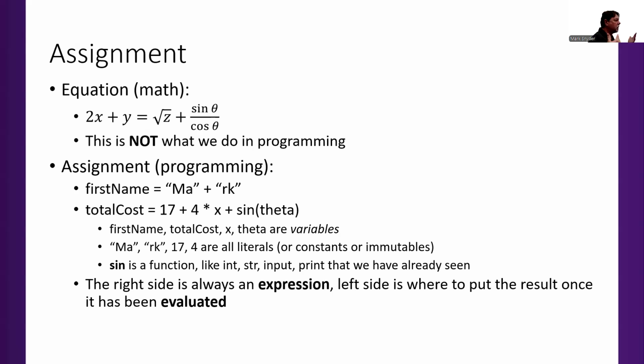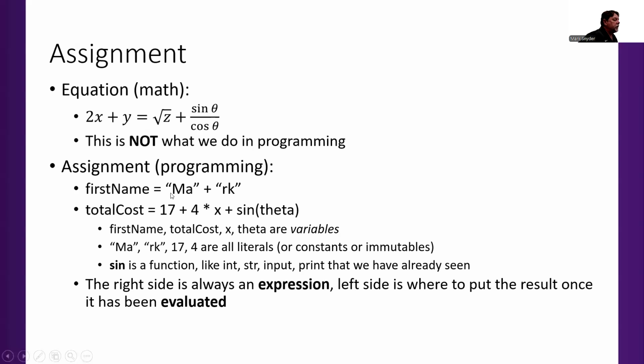So plus, minus, times, divide, those are operators. And so, we might have function calls, but it's going to be a combination of a bunch of stuff like that that forms an expression that I can evaluate and get a value from it, and then take that value and assign it to the variable that's on the left side.